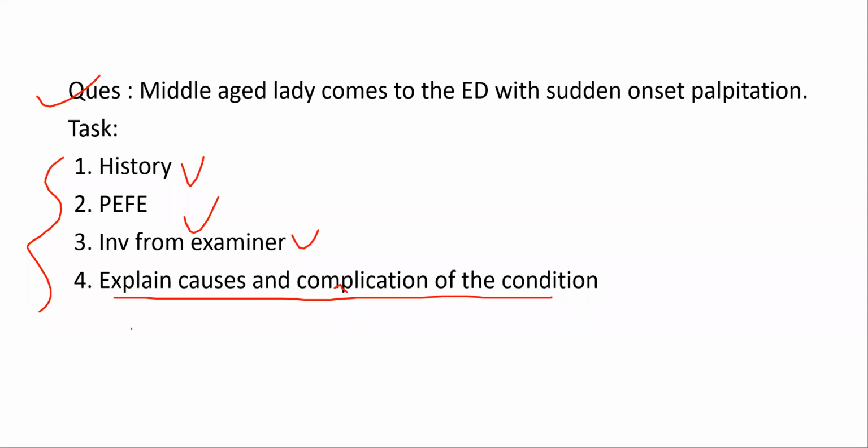You will, because if you don't say the diagnosis, how can you explain its causes? So sometimes the task can be like this, that they haven't asked you to explain the diagnosis, but the task actually needs you to explain it. So in that case, yes, we are going to explain the diagnosis properly, and then we will explain the causes.